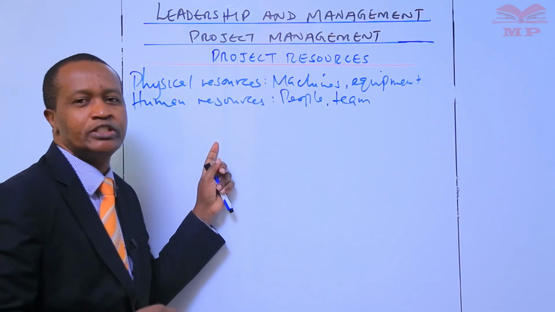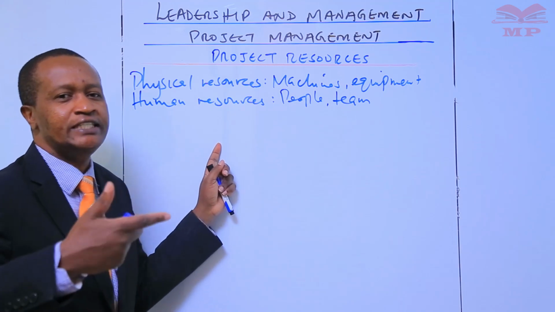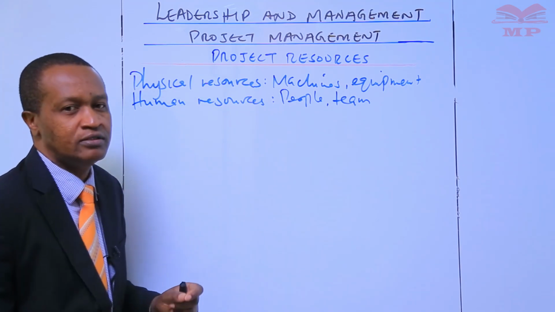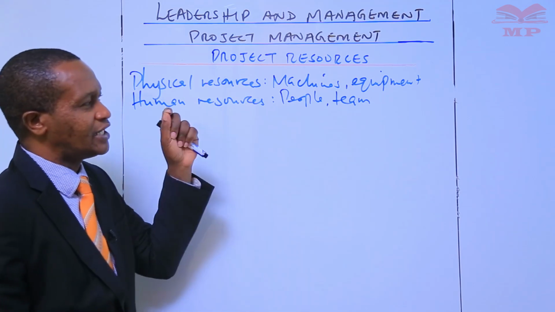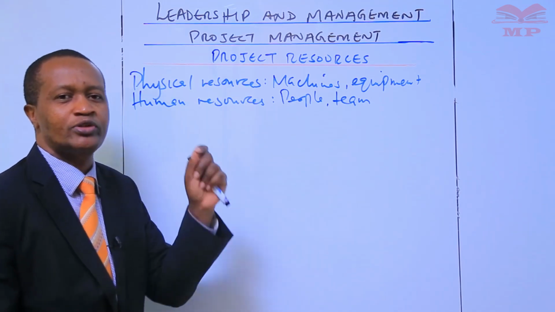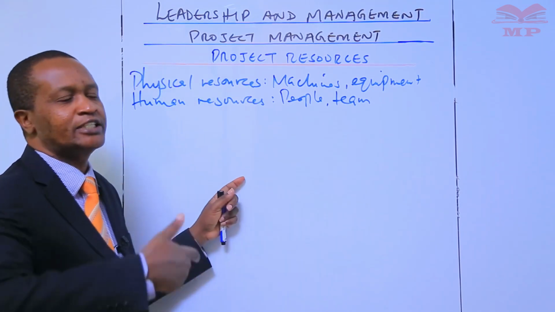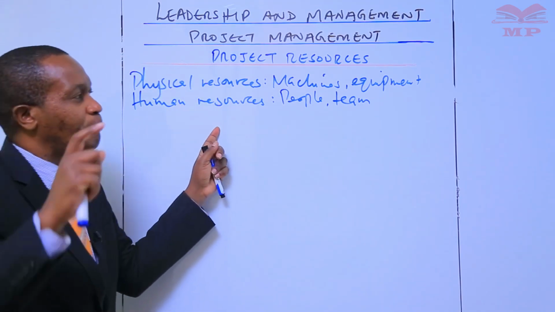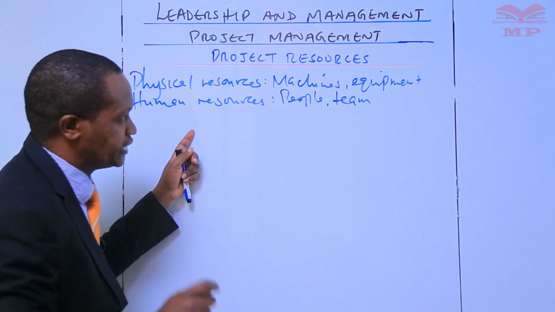We are talking about participation of team members during planning. When the team members are included in the planning process, that adds their expertise to the process and strengthens their commitment to the project.